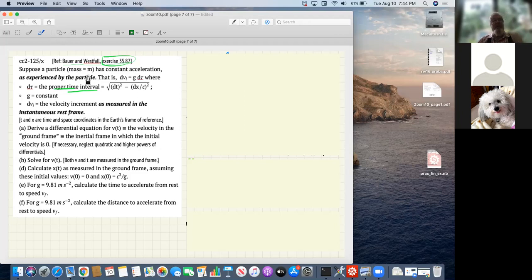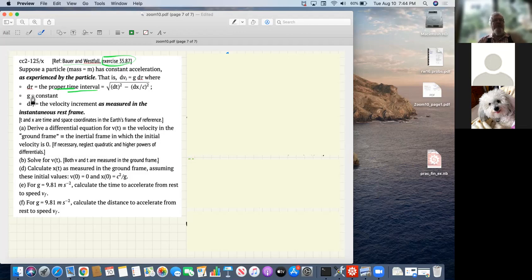Now the particle's velocity is increasing. So that frame of reference is changing in time. So this is a particular frame of reference where instantaneously the velocity is v and the velocity change is dv. So I call it dv sub I. It's the instantaneous change in velocity as measured in the instantaneous rest frame.